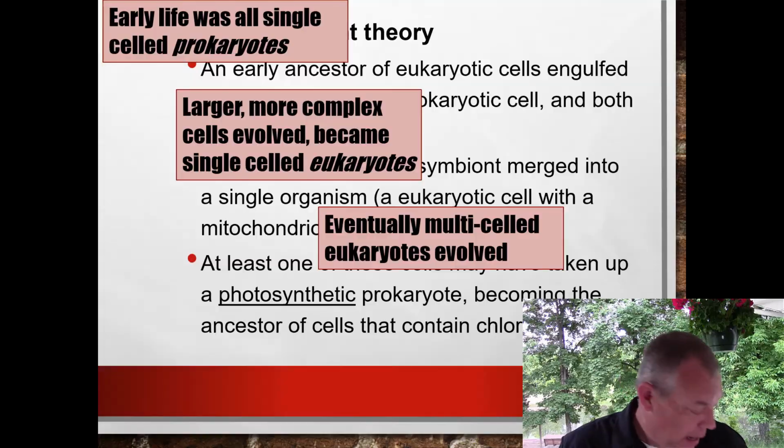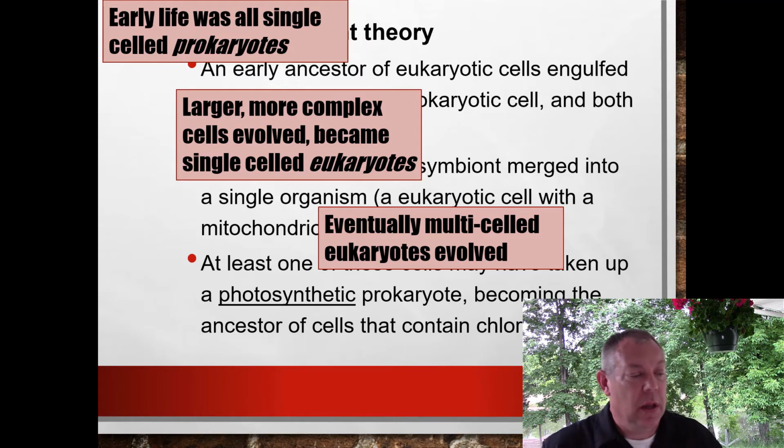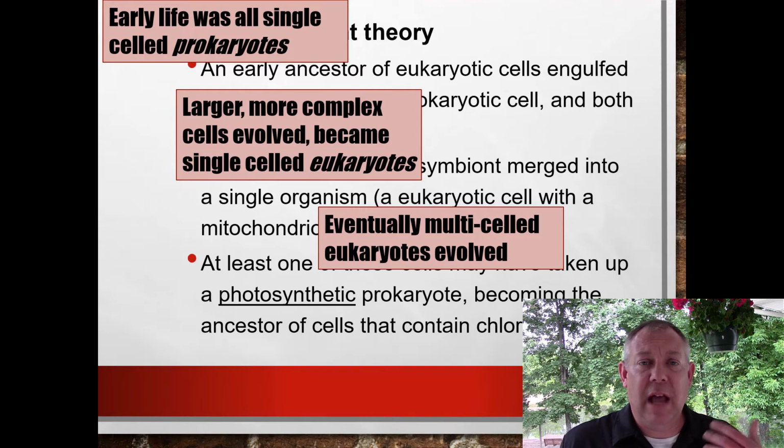So let's get back to talking about our cells, and we're talking about the endosymbiont theory. Just to summarize, the first life that originated on Earth were prokaryotes, bacteria. In fact, for most of the history of life on Earth, it's been just bacteria. We eukaryotes and multicellular organisms have not been around very long relative to the age of the Earth.